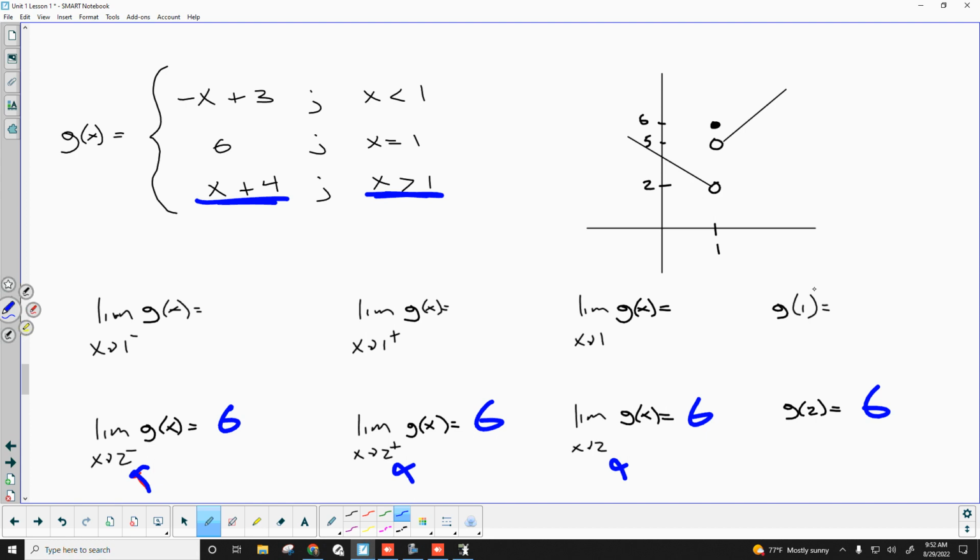How do you tell 1 from the left? 1 from the left is 0.999. And if it was 1 from the right, it would be 1.001.